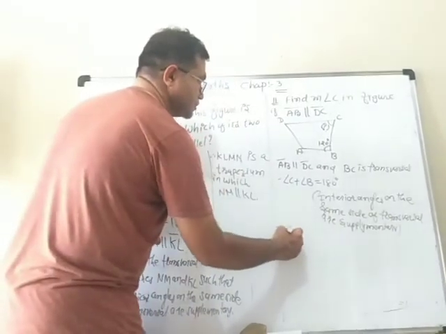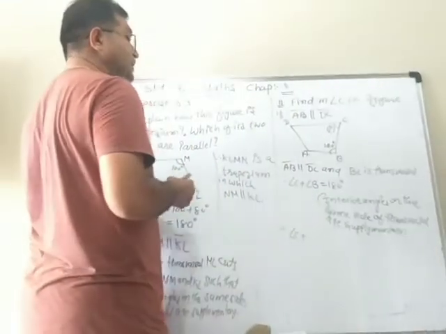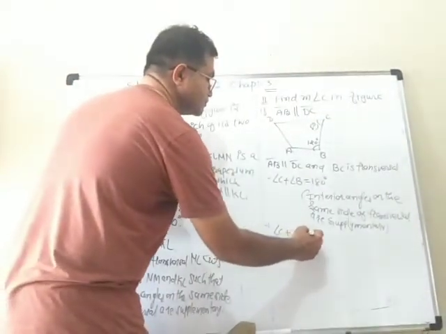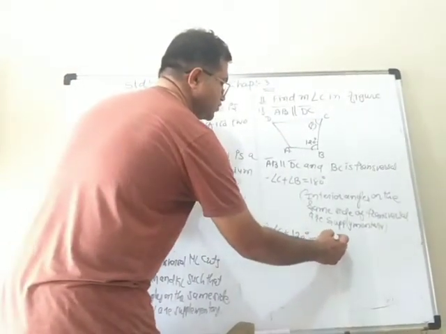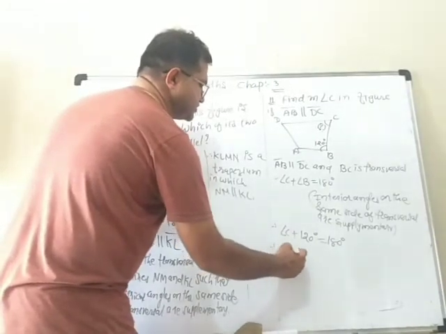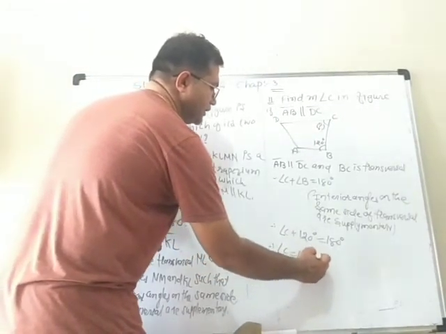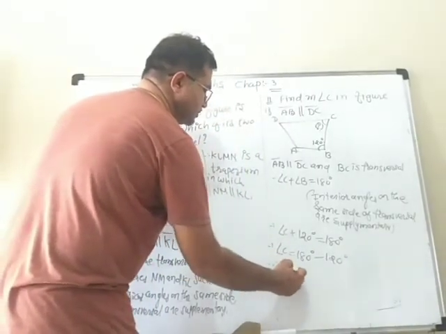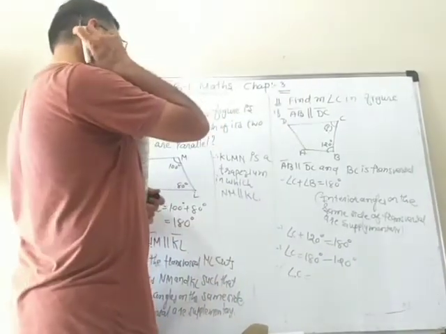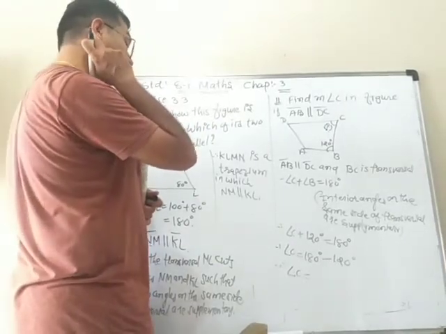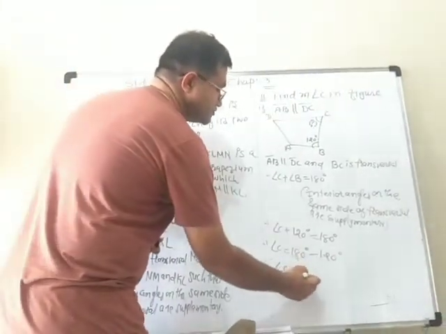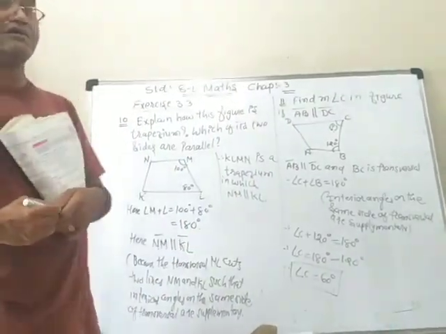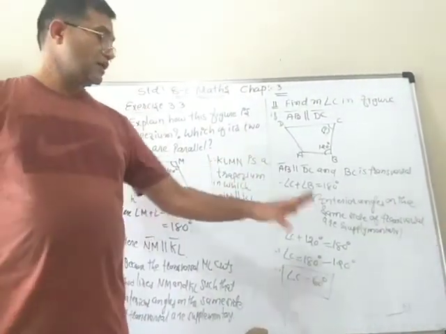Therefore, angle C plus angle B, which is given how much? 120 degree, is equal to 180 degree. Therefore, angle C is 180 degree minus 120 degree. So now 180 minus 120 is 60 degree. So value of angle C is equal to 60 degree.